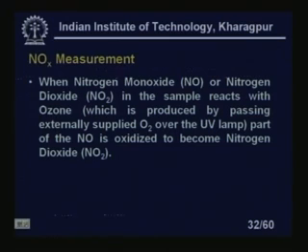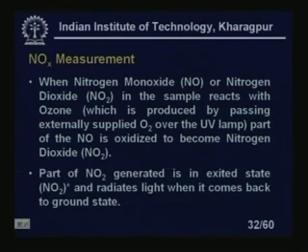In some countries like Australia, when the weather is very dry, nitrogen monoxide or nitrogen dioxide in the sample reacts with ozone, which is produced by passing externally supplied O2 over a UV lamp. Part of the NO is oxidized to become nitrogen dioxide. Part of the NO2 generated in this is in the excited state.